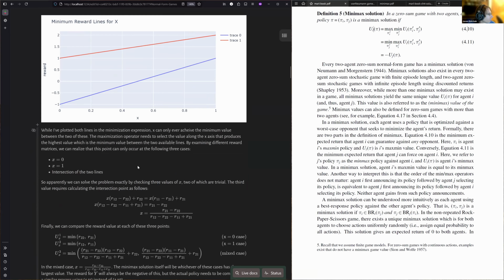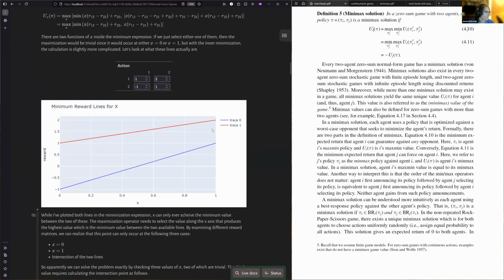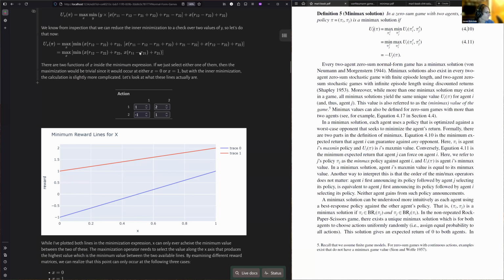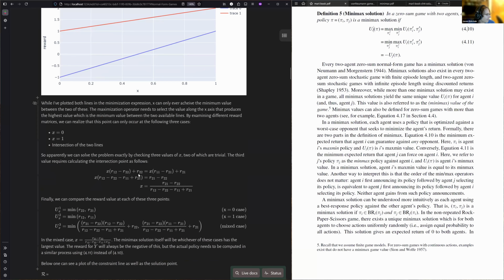So, okay, we have to check these 3 things. Now, the first 2 conditions are actually trivial. The only thing that requires some work is the intersection point, which itself is not too hard. Here I'm just setting the 2 expressions in the minimum equal to each other. We're just going to find where these two lines intersect, and then we can just solve for x.